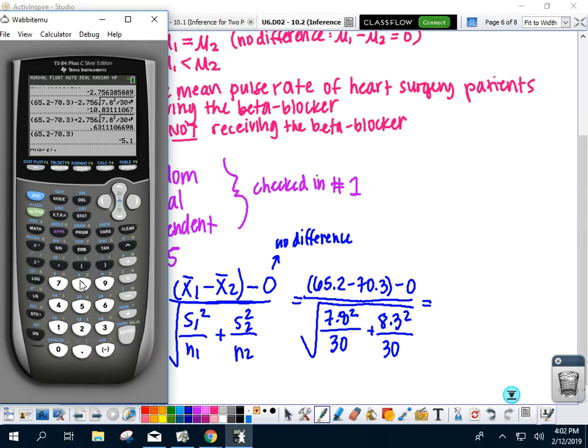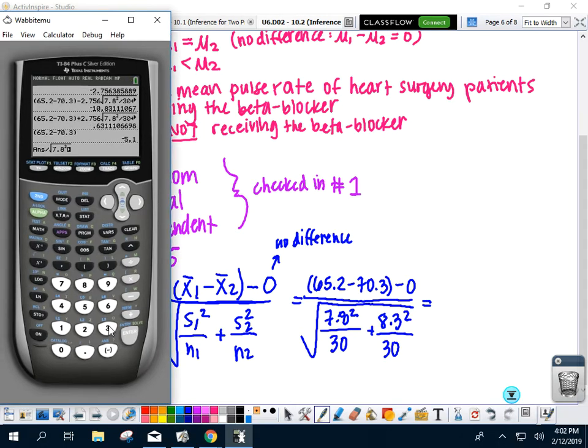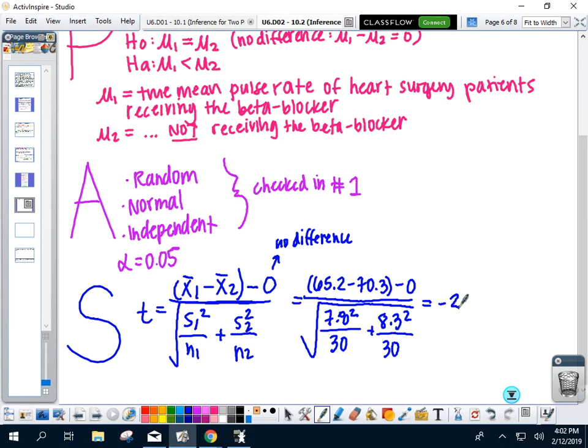It covers everything. 7.8 squared over 30 plus 8.3 squared over 30. Your calculator understands order of operations. We get negative 2.4525. It doesn't matter what number of decimals you round to. I usually do 3, but I'm going 4 this time.